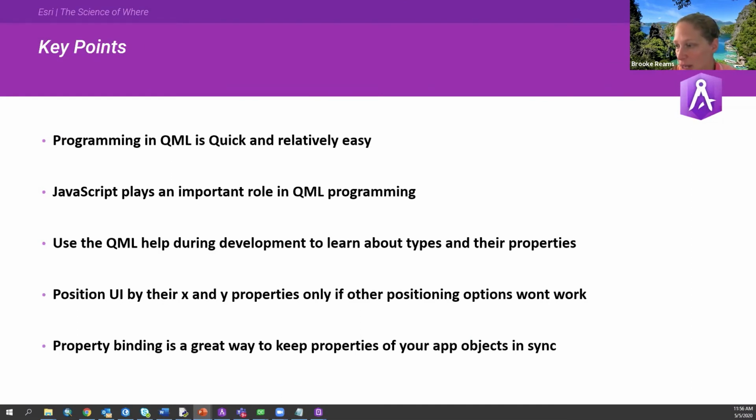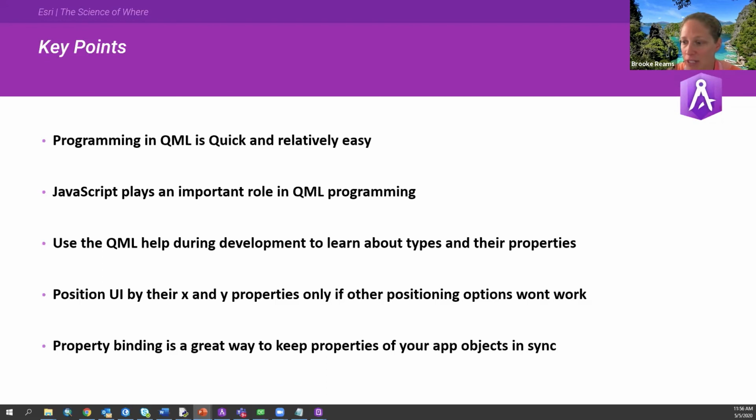If you use the QML help during development, that's going to help you learn a lot about the different types and their properties. Obviously, for these demos, I just wrote out the properties without showing where you'd find those in the help because we don't have that kind of time. But if you are using any of these components or any other components, definitely use the QML help to understand what properties you have available and what you can do.